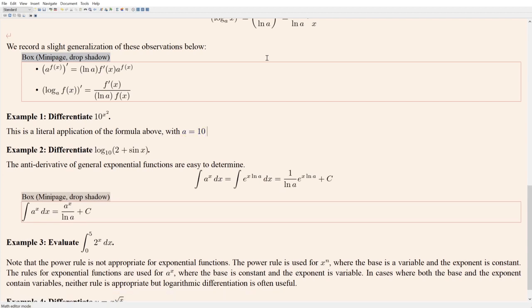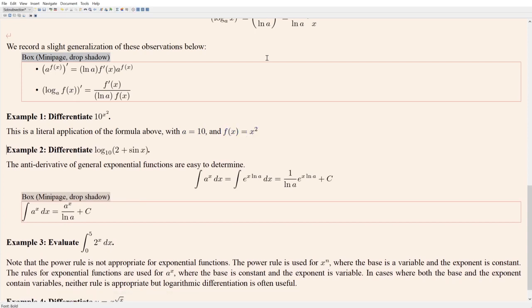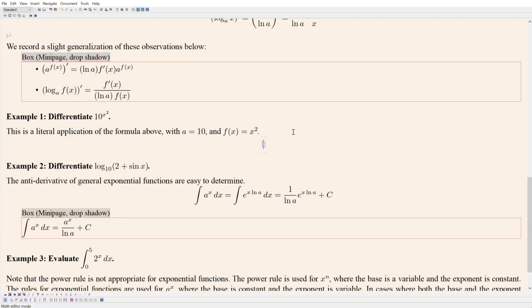So in this case, a equals 10. And f of x, the thing it is being raised to, is x squared.